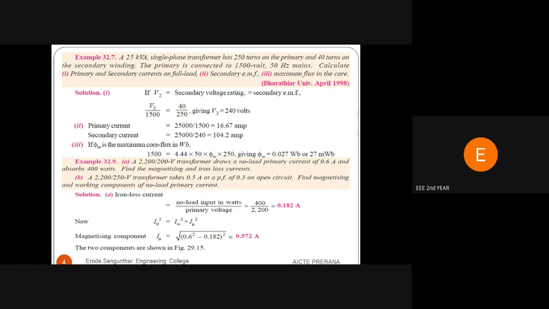This is one method. In the second method, we can directly substitute IW equals I naught cos phi naught and I mu equals I naught sin phi naught.